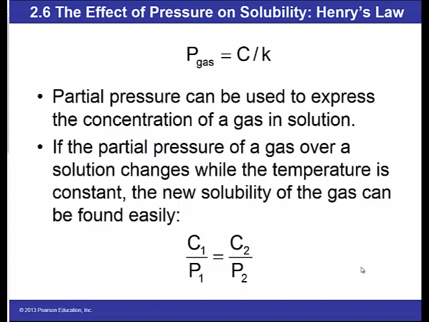So there's a mathematical equation that can be used to determine the effect of the pressure on solubility. And so this again is Henry's law. What it states is that the pressure of the gas is going to be directly proportional to the concentration of the gas in solution.